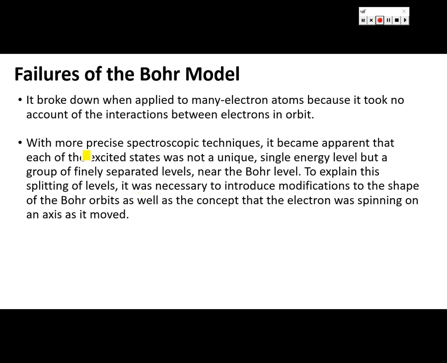So not a single energy level, but a group. So there had to be modifications introduced, including electron spin, which is what is going to lead us to how we're going to represent the atom moving forward.